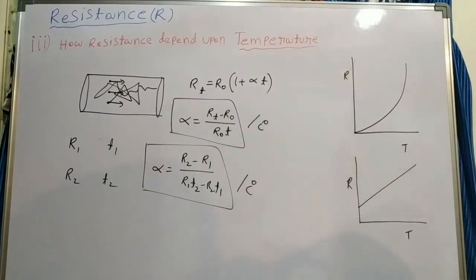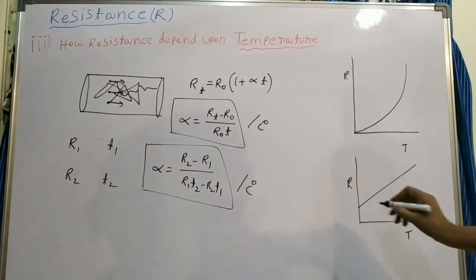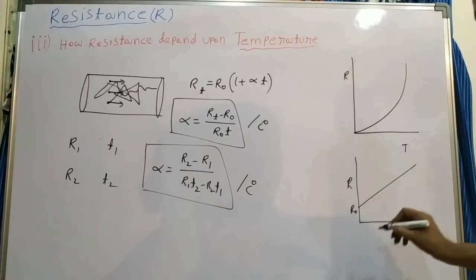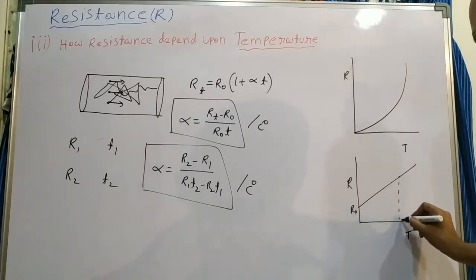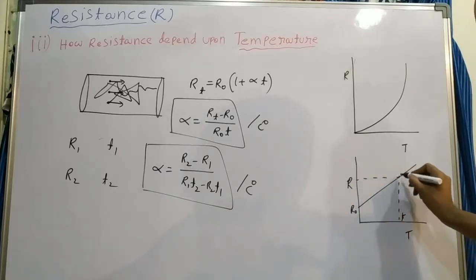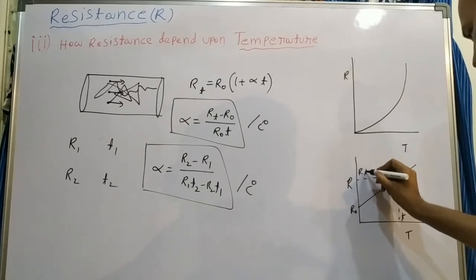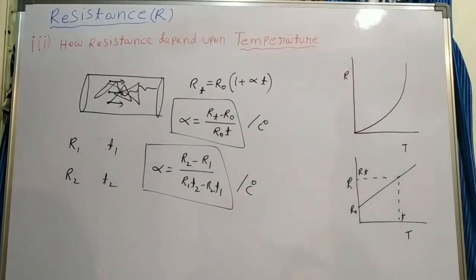Of course, at 0 degrees centigrade we can't say resistance is 0, thus we get an intercept here. This is R naught. At a particular temperature T, that resistance is R. This is for copper, this for nichrome.